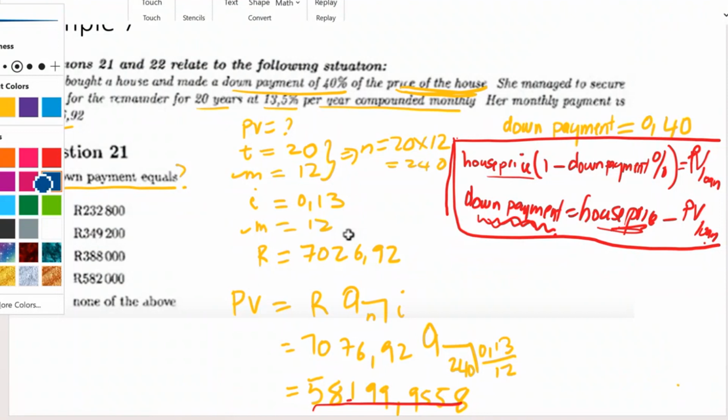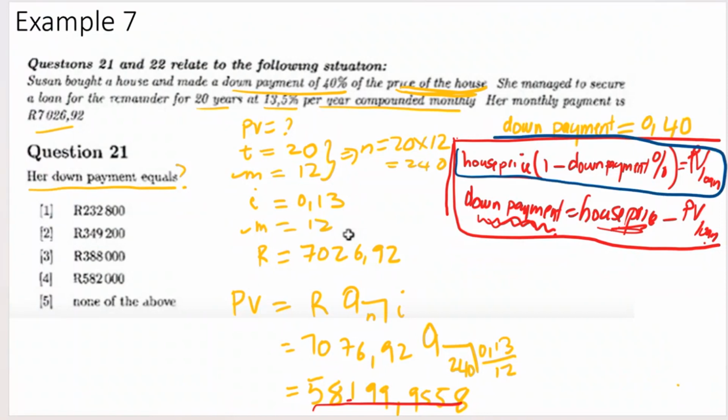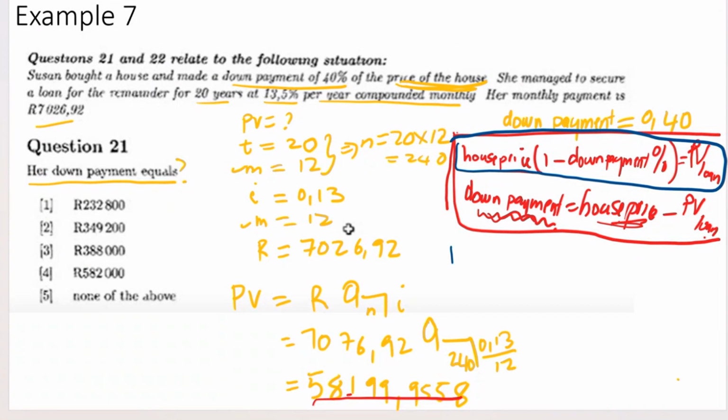So let us calculate using this formula first. Our house price times 1 minus the down payment percentage, which is 40%, or 0.40, is equal to the PV loan, the present value of your loan, which is what you've just calculated: 58,199.9558.